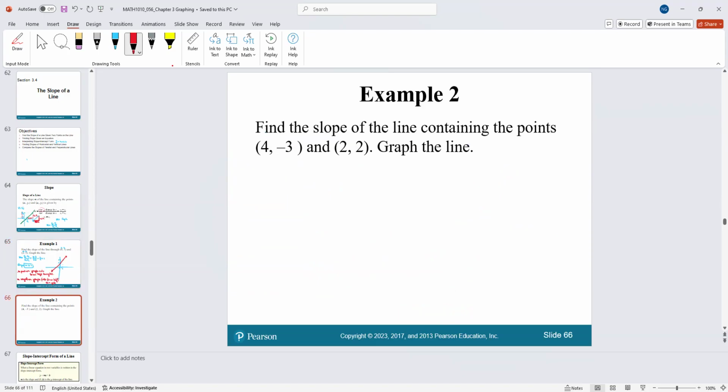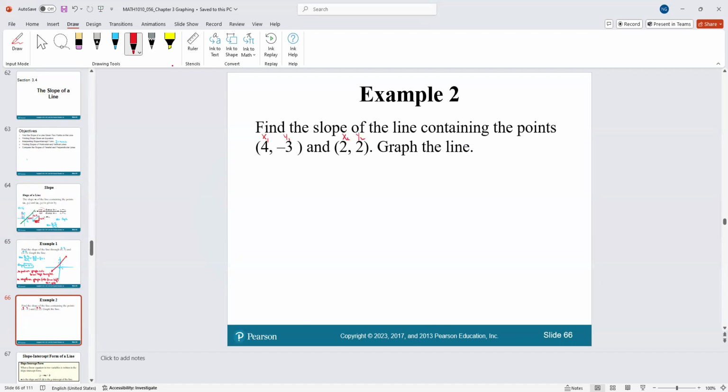So I think we're gonna continue with the same examples, but look at this one. When they ask you to find the slope of the line containing the points, again, if I call the first point x1, y1, so x1 is 4, y1 is -3. And for the second point, remember one point has two coordinates, one coordinate of x and one coordinate of y. The first coordinate is always the x coordinate, all right?